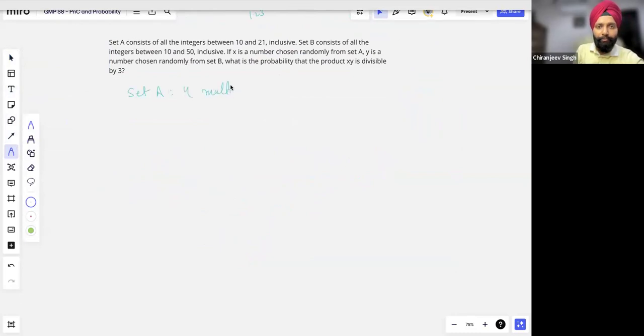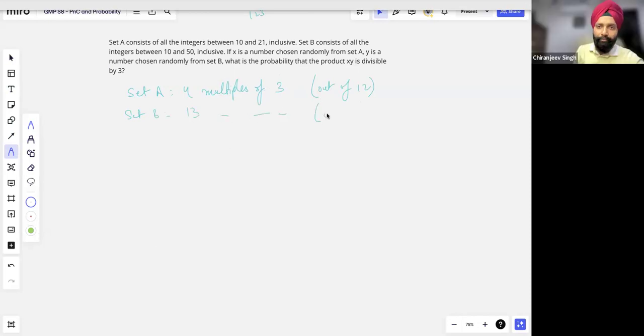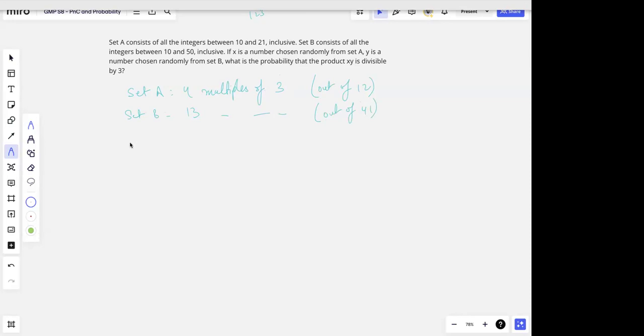And in the other one, there were 13 multiples of 3 out of 41, which is correct. Then 4 are common between them.